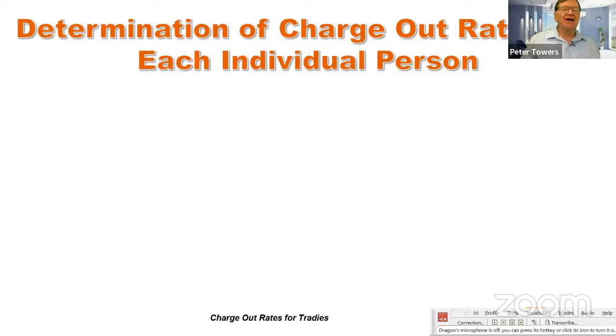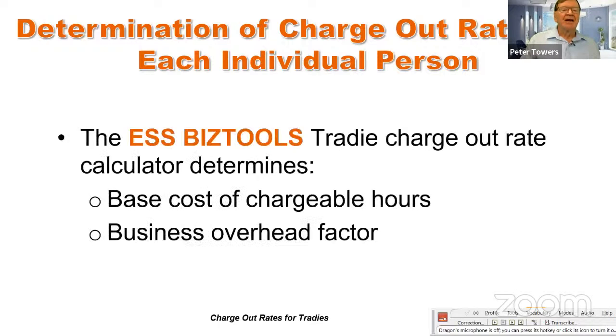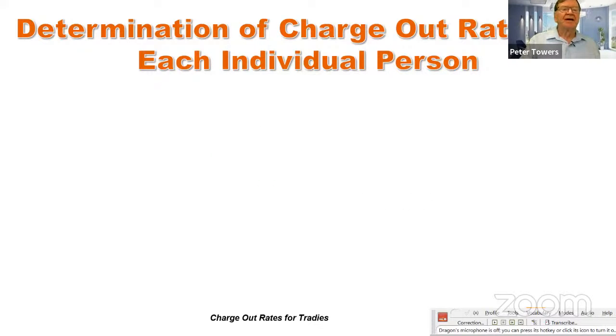Determination of the charge out rate for each individual person then needs to be done. And the tradie charge out rate calculator we've developed calculates the base cost of chargeable hours and a business overhead factor. And that's all performed within the software package that our subscribers receive.